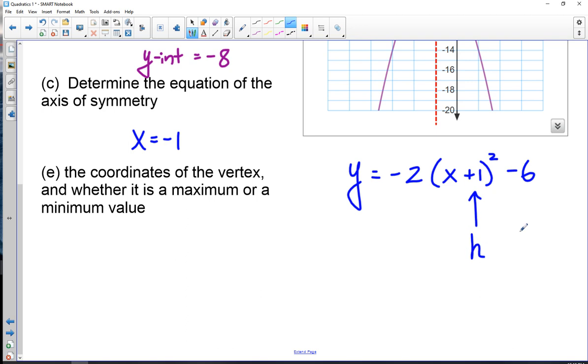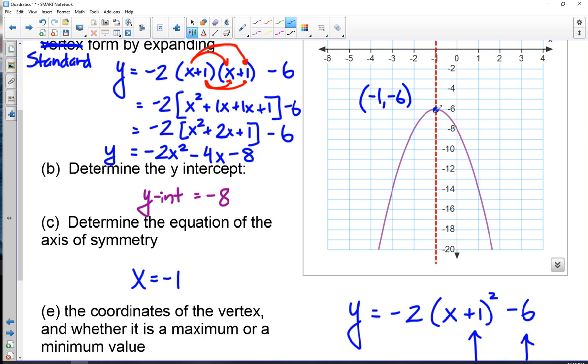This is the h value and this is the k value. So our vertex is going to be -1, so that's the opposite sign as it's presented in the equation, and then the same sign as the k value. So -1, -6. And there's the vertex at -1, -6.